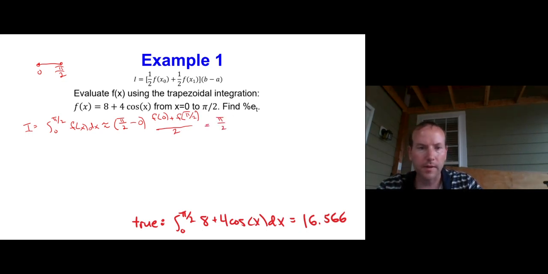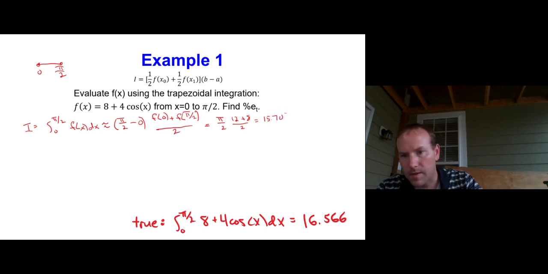And that gives us pi over 2 times, and you look at what this function is at x equals 0, it's 12. And what this equation is at pi over 2 is 8. And if you calculate that through, you should get 15.708.